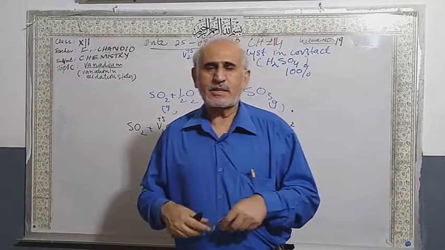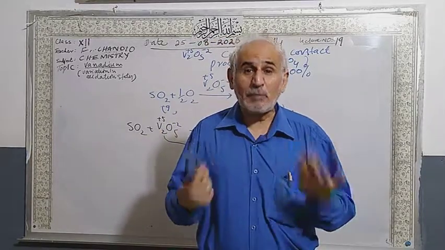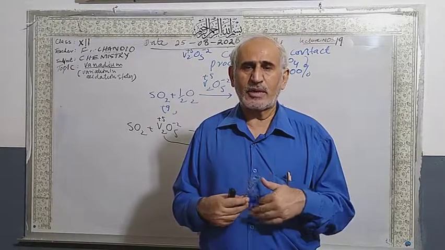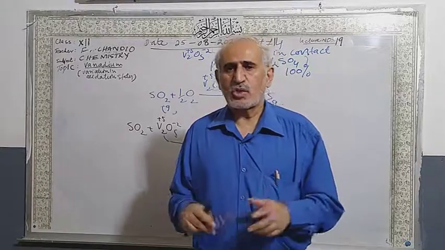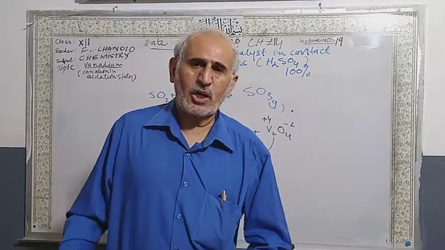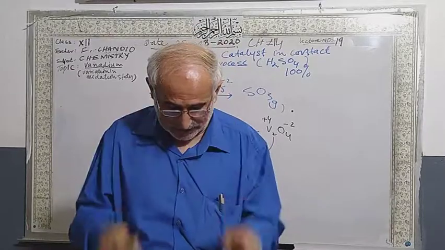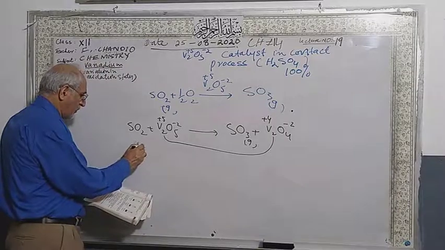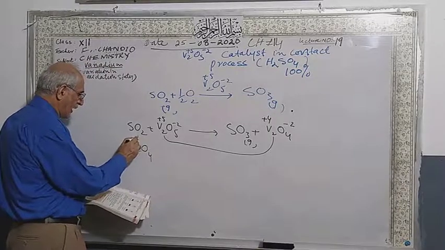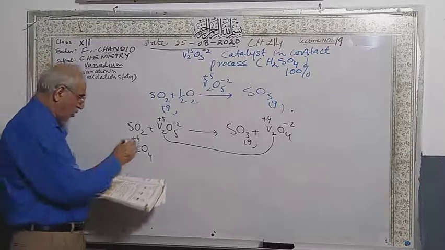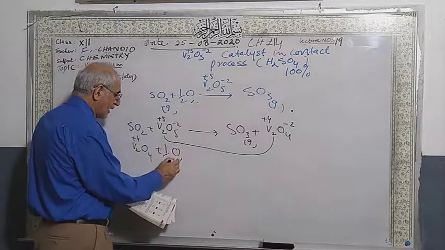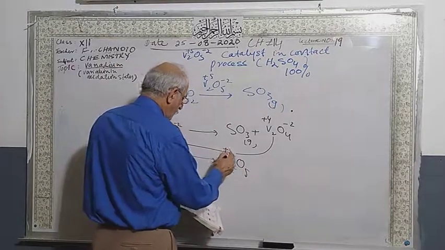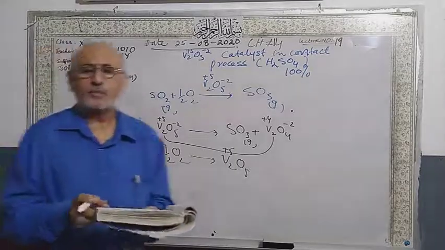Because a catalyst does not change chemically during the chemical reaction. When the chemical reaction ends, when it completes, we must recover the same catalyst. That's why in this process, this vanadium tetroxide, where the oxidation number of vanadium is 4, is going to be reoxidized and changes into its original vanadium positive 5 oxidation state.